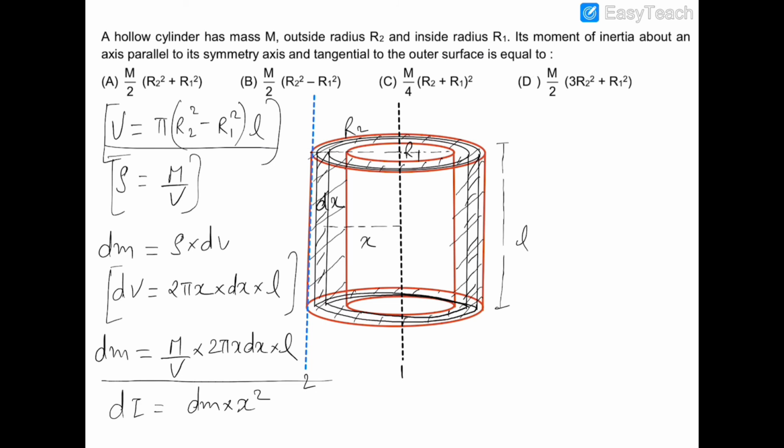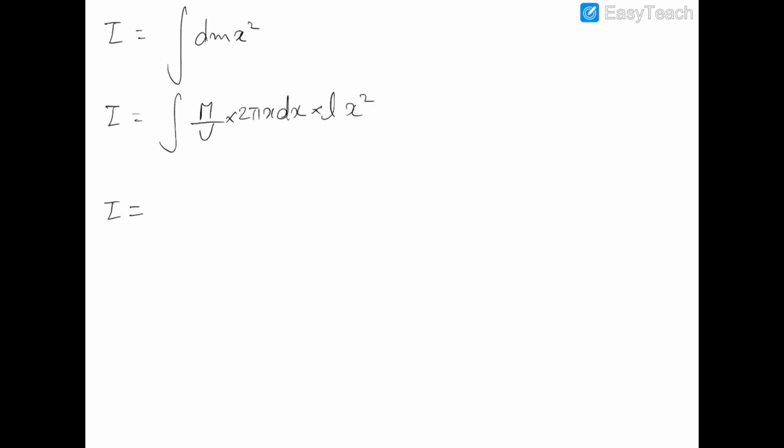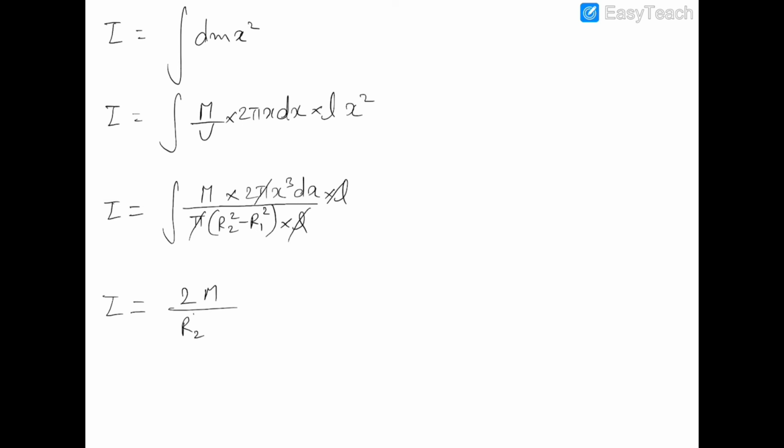So the volume is equal to pi into r2 square minus r1 square into L. So the moment of inertia I will be equal to m upon pi into r2 square minus r1 square into L, into 2 pi x cube dx into L. So this is dI, and cancelling this pi with pi, I would be equal to 2m divided by r2 square minus r1 square and integration of x cube dx.